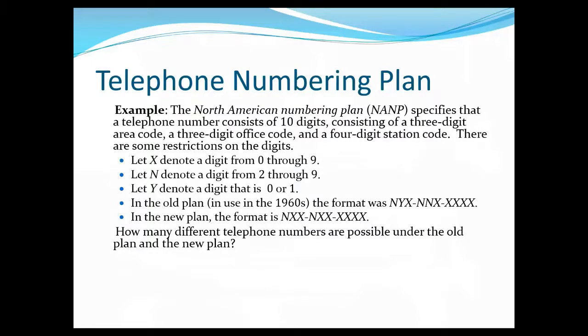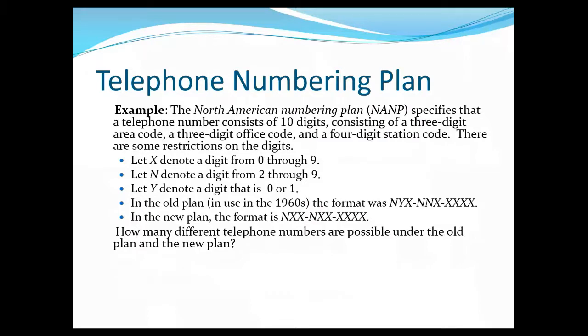So let's have this. The North American Number Plan, NANP, specified that a telephone number consists of 10 digits: a 3-digit area code, a 3-digit office code, and a 4-digit station code. There are some restrictions on the digits. Let X denote a digit from 0 to 9. Let N denote a digit from 2 to 9. Let Y denote a digit that is 0 or 1.